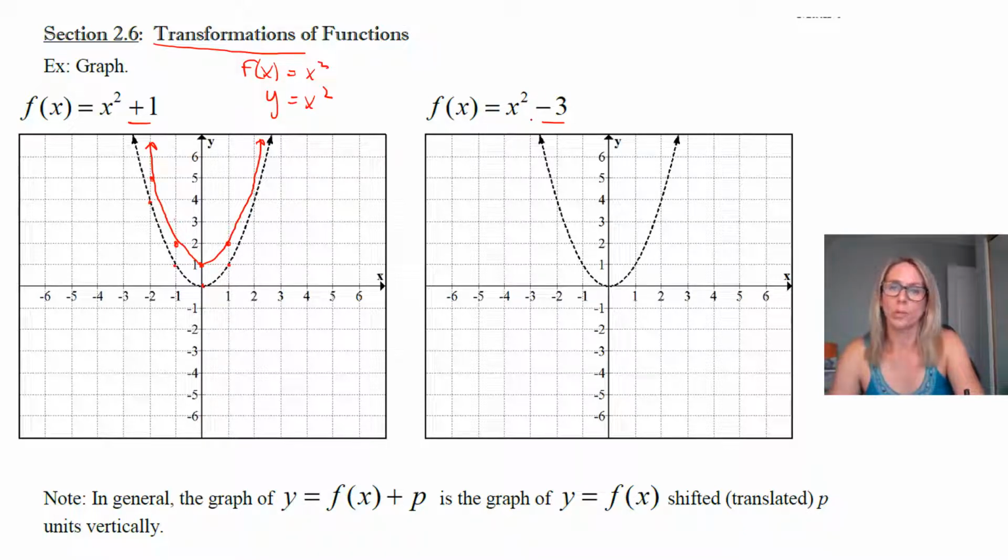Similarly, when we have x squared minus 3, the only difference is now instead of adding 1, we're subtracting 3. So now that y value, any points you can find on this original parabola, are now going to be moved 3 units down. So if you want, you can pause and take a minute, see if you can find some points on this parabola, move that y value 3 values down, and then come back and see if you've got it.